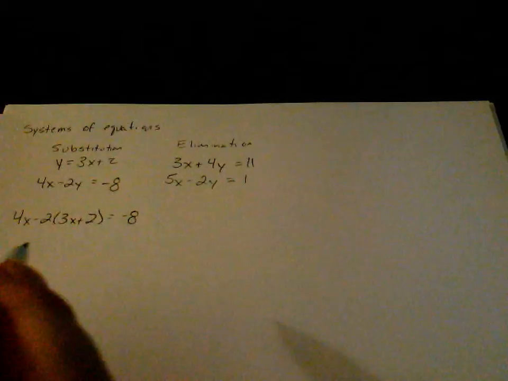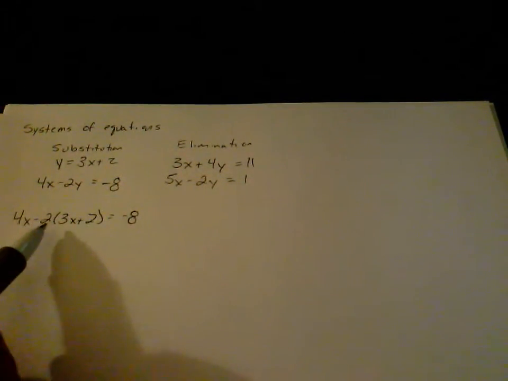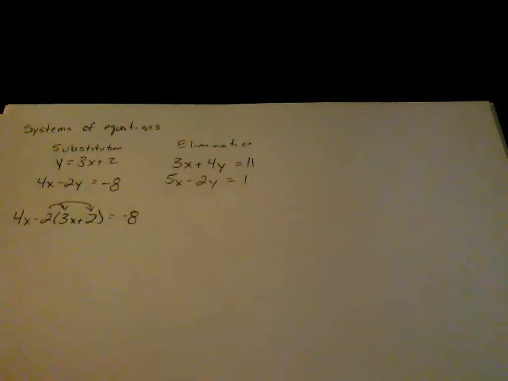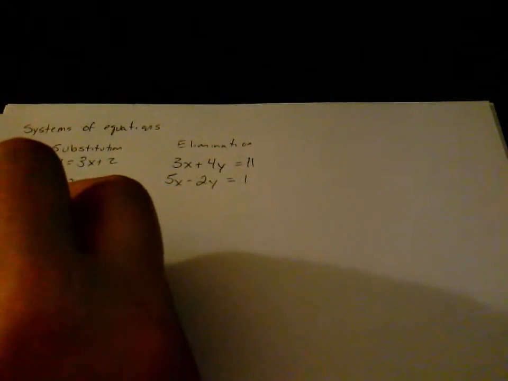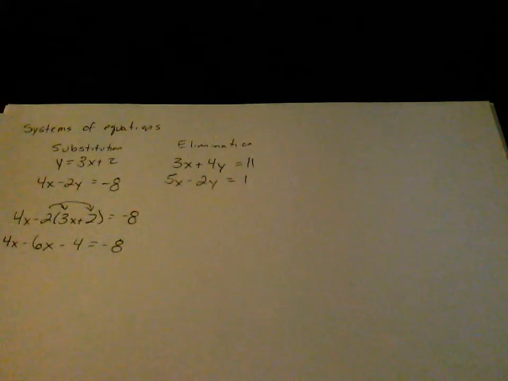So we take this negative 2 and distribute it to the two numbers on the inside: negative 2 times 3 and negative 2 times 4. When we do that, we get 4x minus 6x minus 4 equals negative 8.